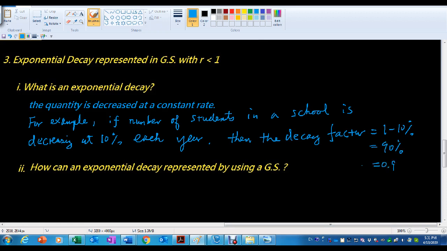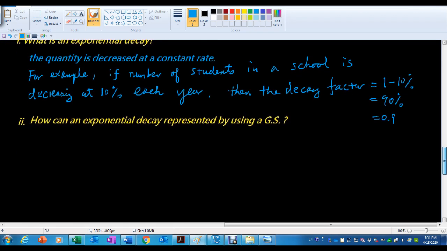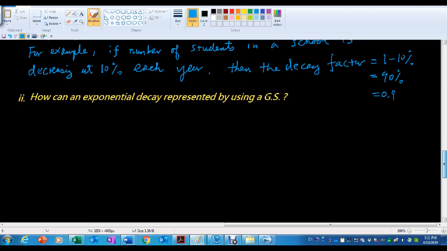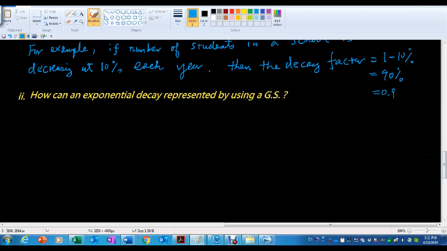So if R is less than 1, when you multiply that decay factor to the number, it becomes less and less, doesn't it? So how can we represent that using GS? Everything will be the same as what happens in exponential growth. So you can still represent it like Tn = T0 R to power n.